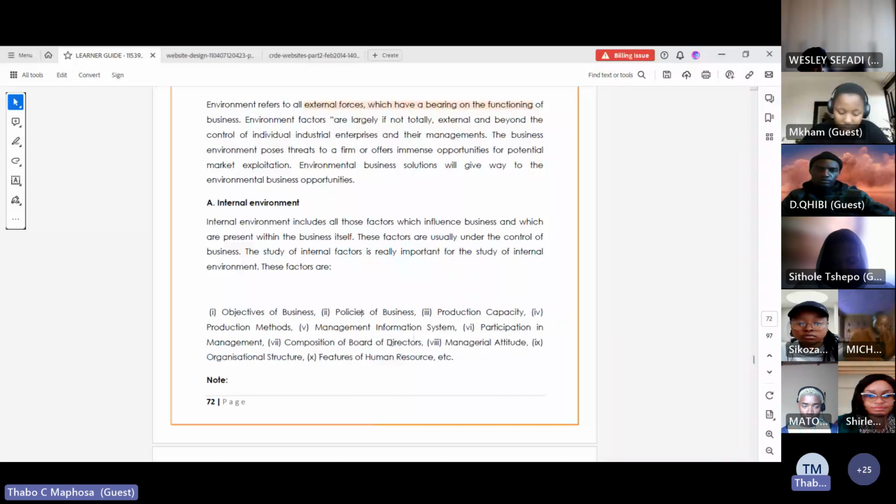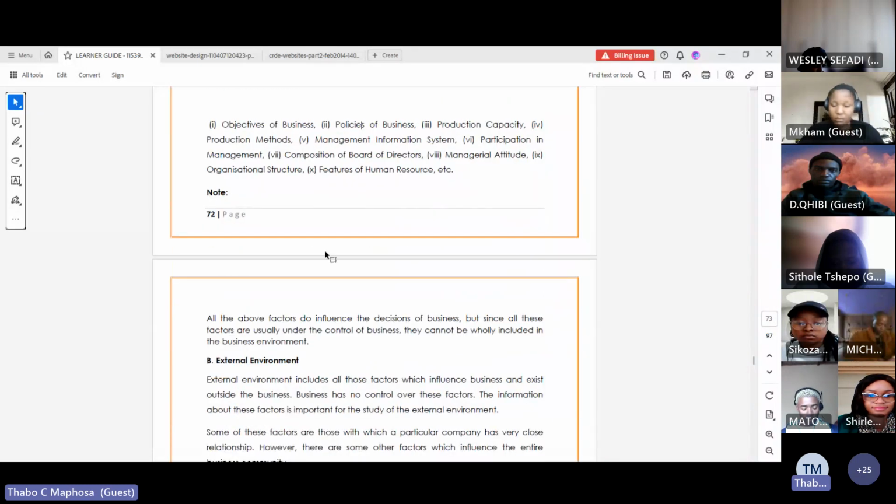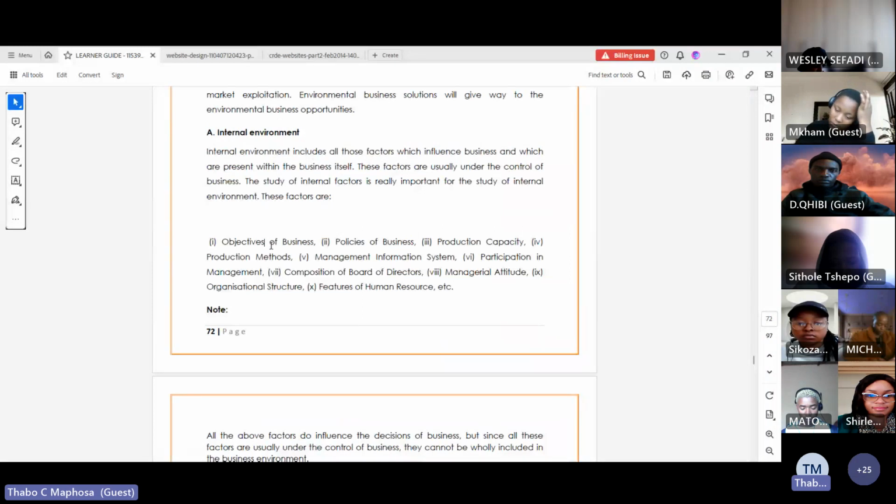All of these factors affect a business in different ways. If you notice that your objectives do not work for you, you can change them. Hence, they say these are within the control of the business. You can change the policies, you can change the production capacity, you can change your production methods.